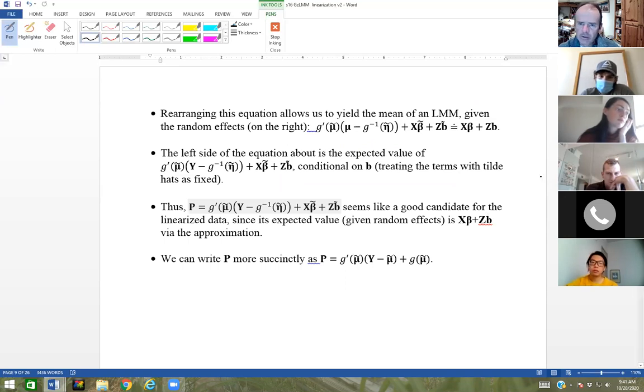So if we take the left side and think about it as the expected value of this quantity conditional on b, and we know that that's equal to X beta plus Zb, then this quantity on the left would be a good candidate to be the pseudo data, right?